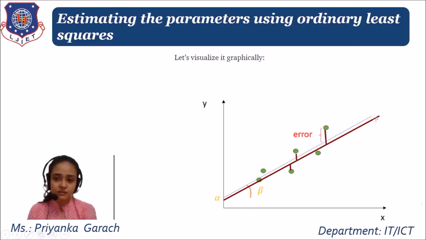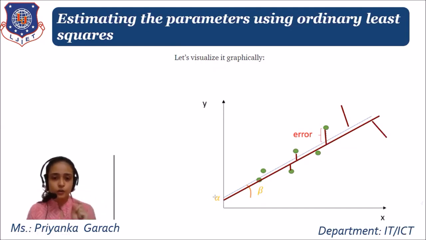Now whether this brown regression line or this blue line is the best fit, that you have to find out. Out of these two lines, which is the best line? The line which has the minimum error in it will be considered the best line.